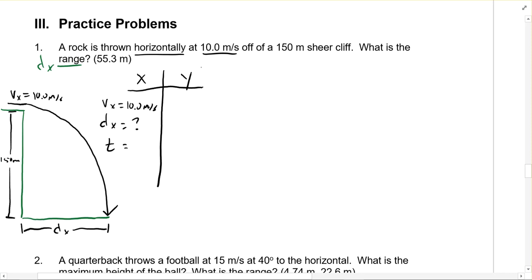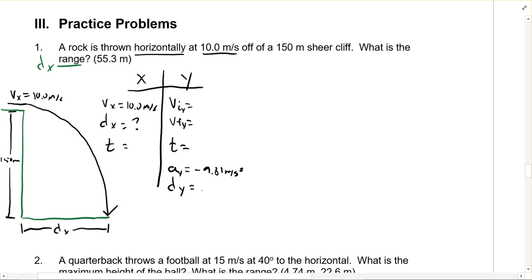So in the y direction, I'm going to write down vi, vf, t, a, and dy. Do we know any of these things? Well, I know that the acceleration is negative 9.81 meters per second squared.